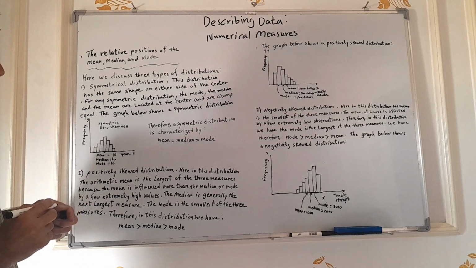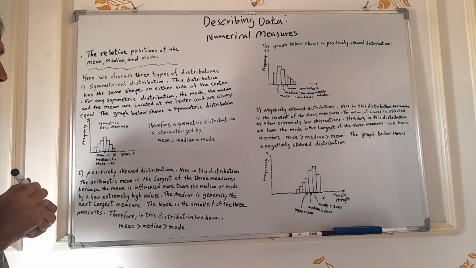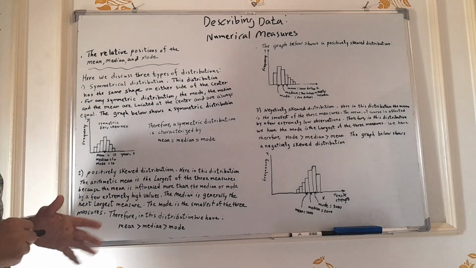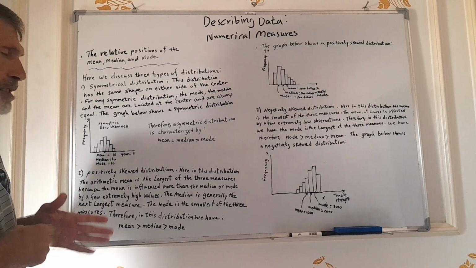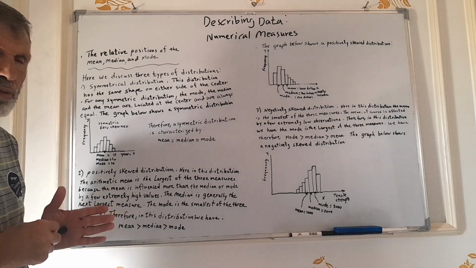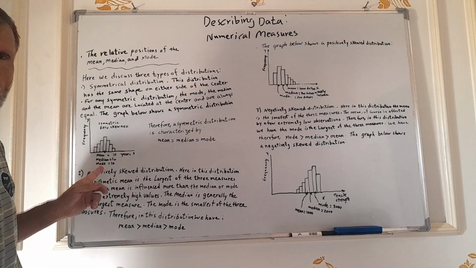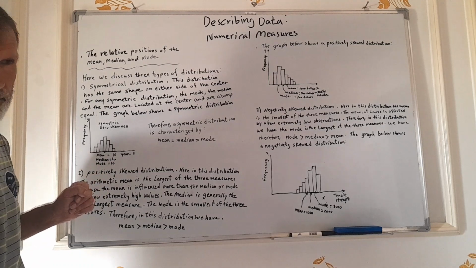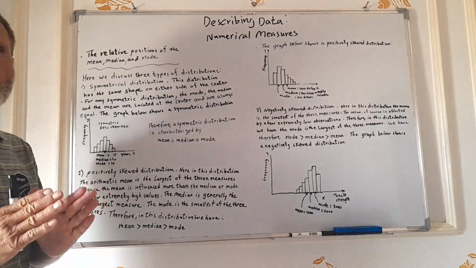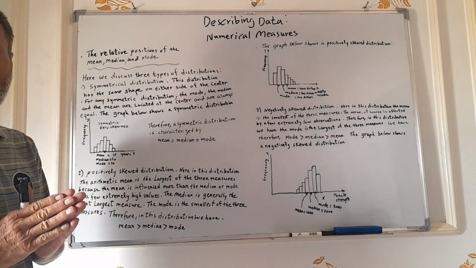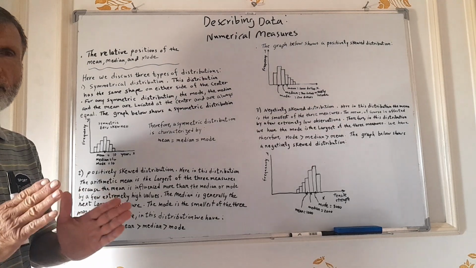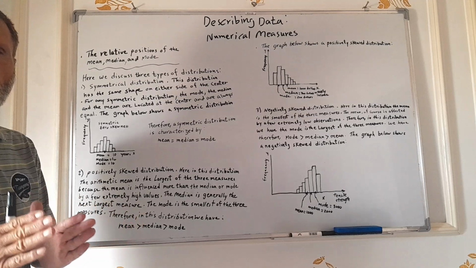When we talk about a symmetrical distribution, it means that the mean equals the median equals the mode. As you can see over here, if the mean is 10, then the median is 10 and the mode is 10. Now, this is one type of distribution concerning the relative position of the mean, median, and mode.